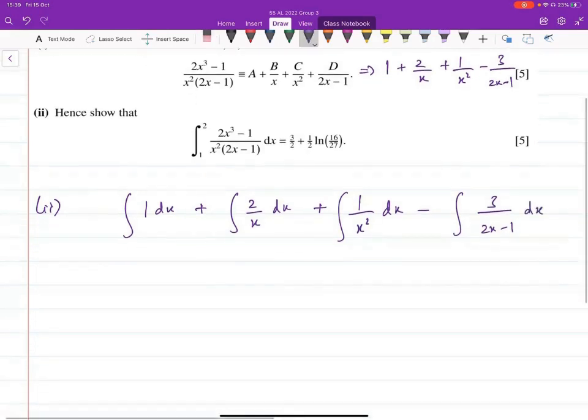Okay, what is the integral of 1? X. 2 over x. If we take 2 outside, what do we have inside? 1 over x. 1 over x का integral क्या होता है? ln x. Right, x का derivative numerator में है 1, so that's ln of x.